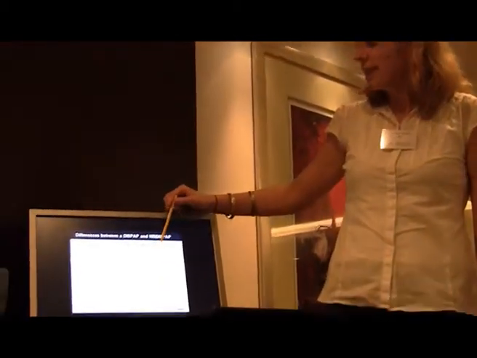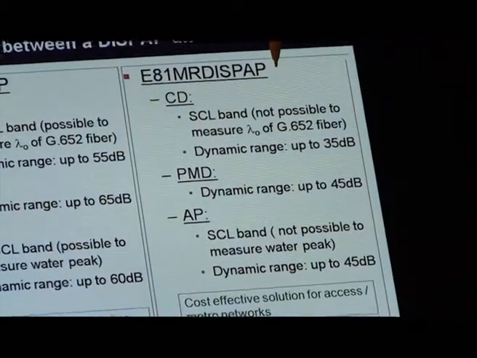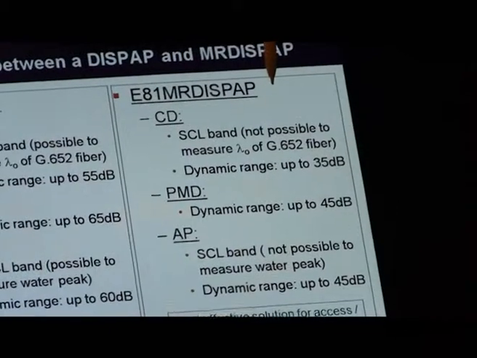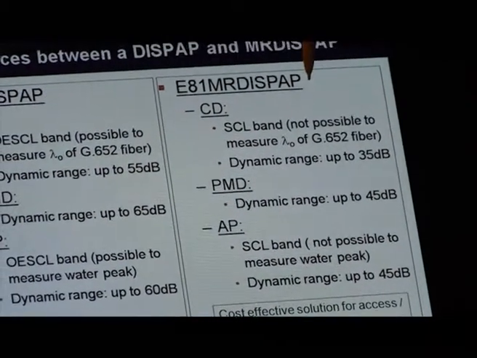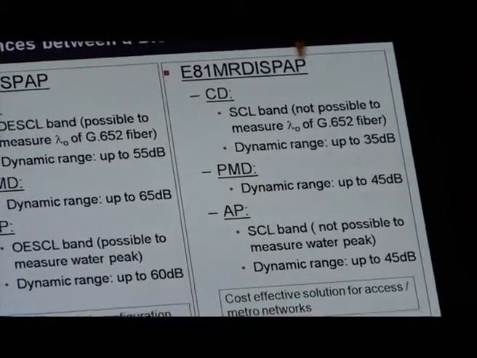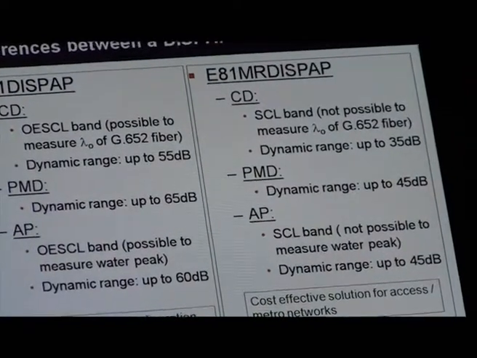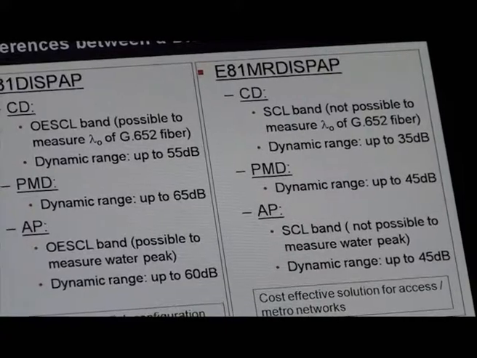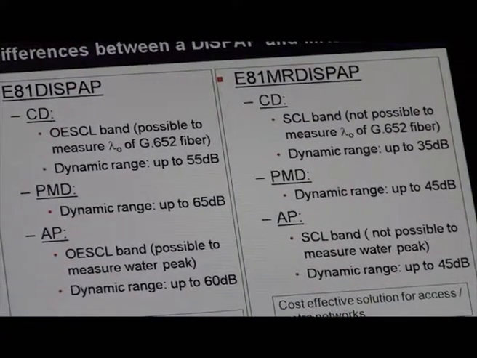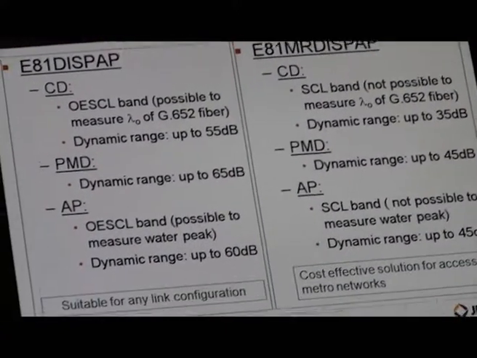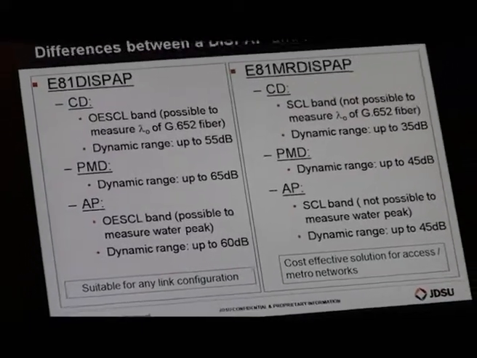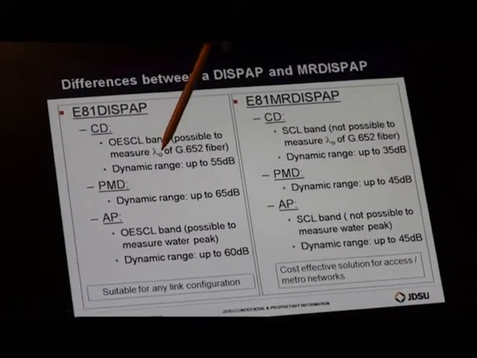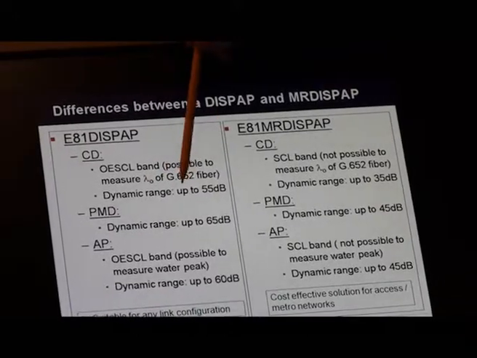So I would say that this medium range dispatch module will be offered for everything in the range of maximum 80-100 km. If it's for longer distances, you might have to go to these dispatch modules. And the difference as well is the band. If the customer says, I want to measure chromatic dispersion at 1310, the only solution you should offer is a dispatch.